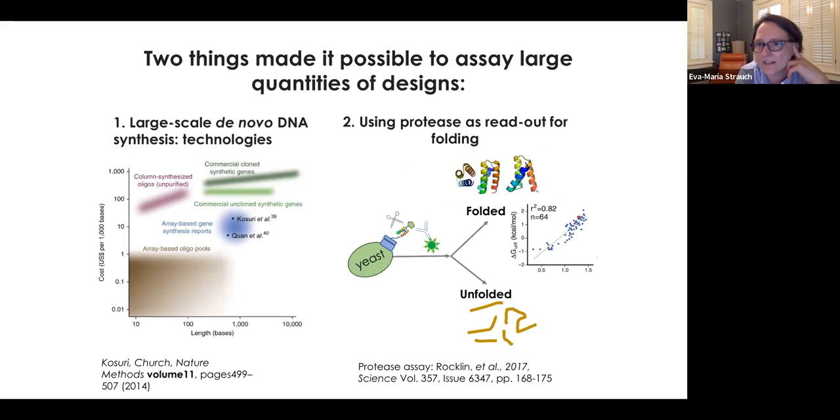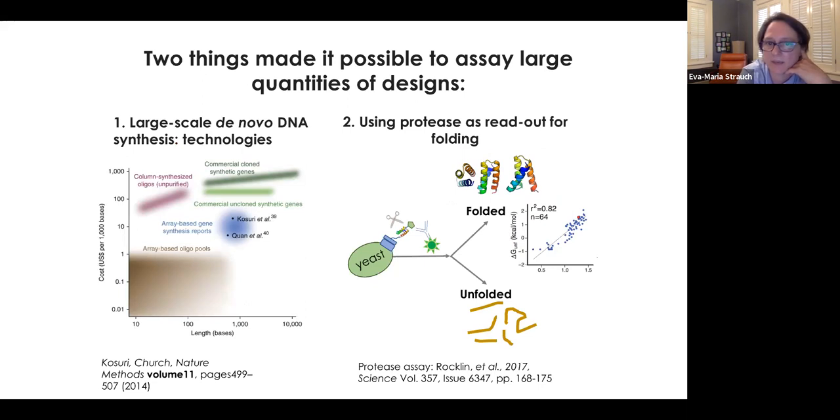And again, why is all of this possible? Why would we bother to develop something where we can make thousands of designs? Because, well, we can now order thousands of designs at a time, if they're not too long, I already mentioned that, as oligonucleotide pool arrays.